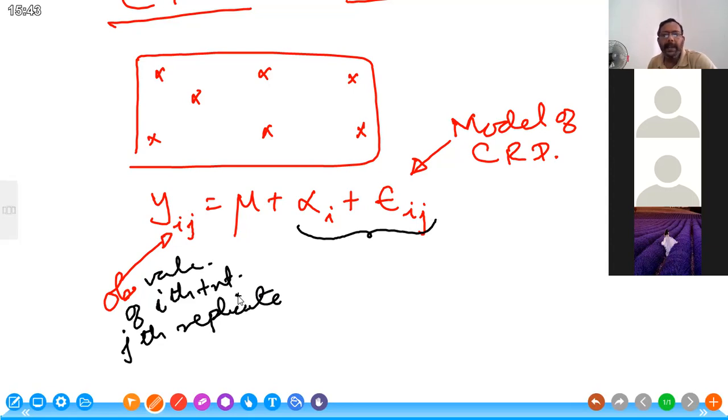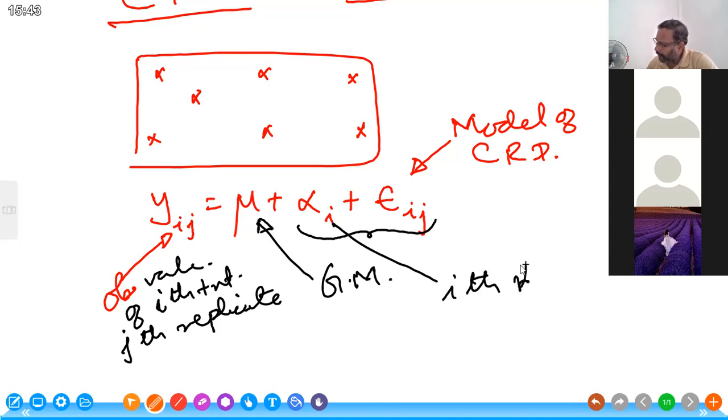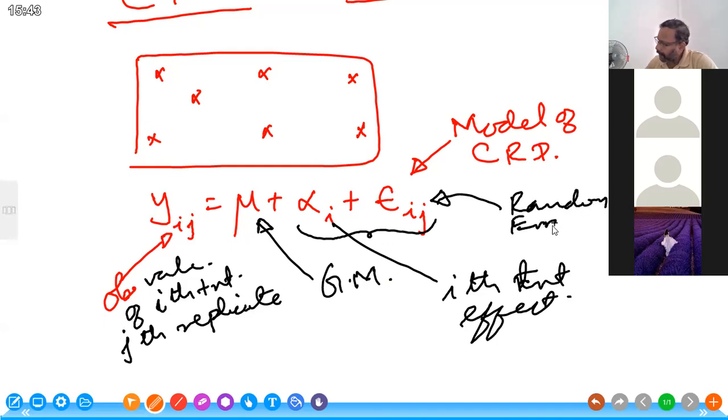You have learned this, right? Yes, sir. Okay. So here, this is the grand mean. This is the ith treatment effect. Right. So this is the random error of the ith treatment, jth replicate.